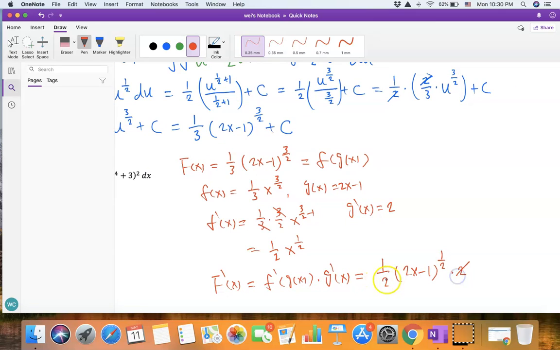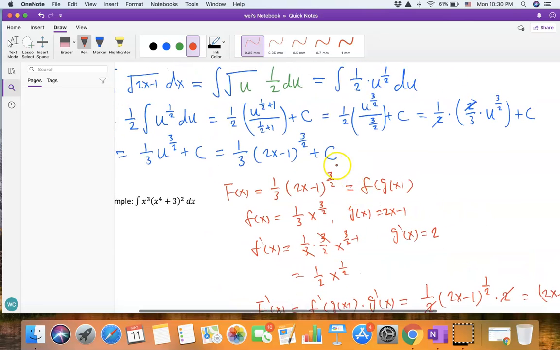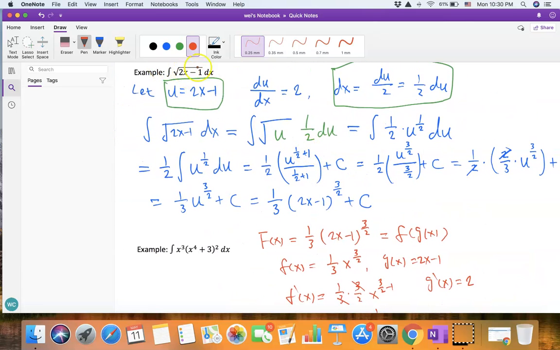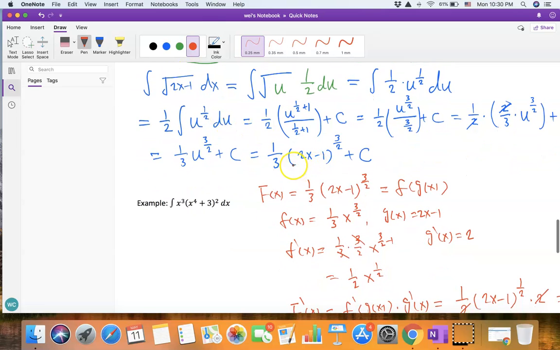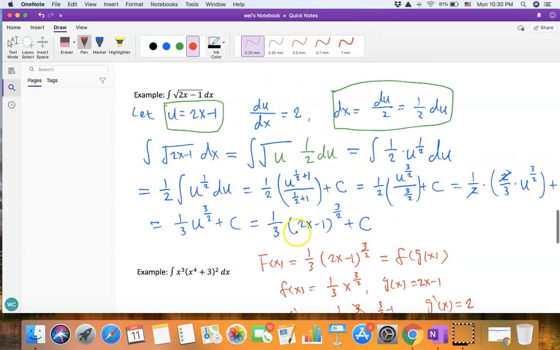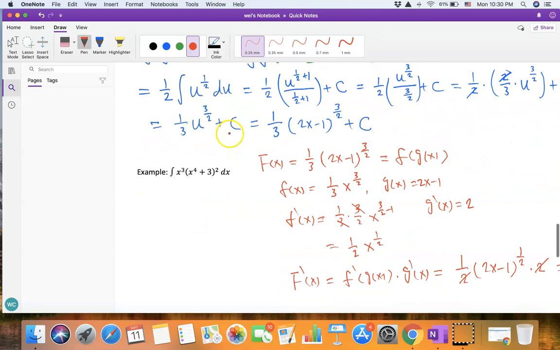Now these two cancel out. So the derivative of capital F is 2x minus 1 to the power of 1 over 2, which is equal to the square root of 2x minus 1. That shows that our answer is correct, because this is an antiderivative of the function square root of 2x minus 1.